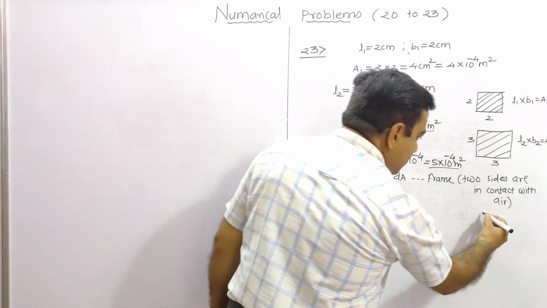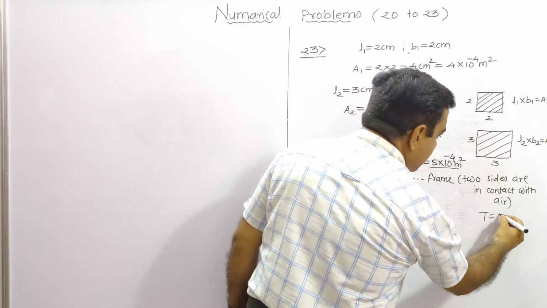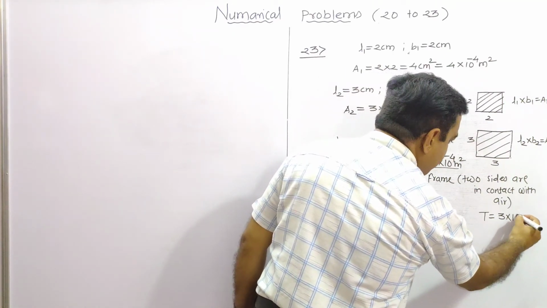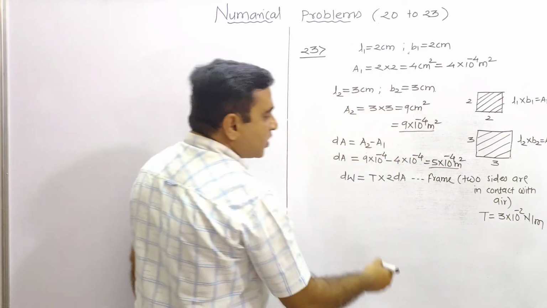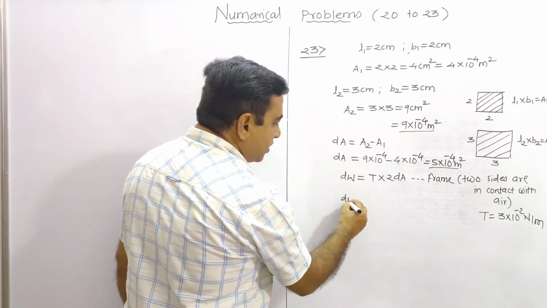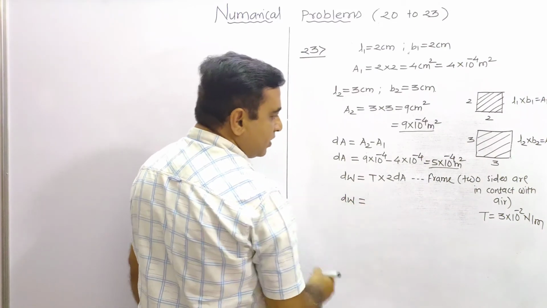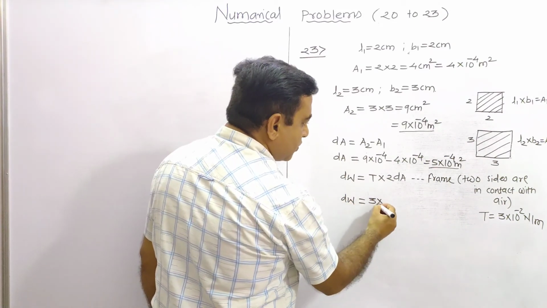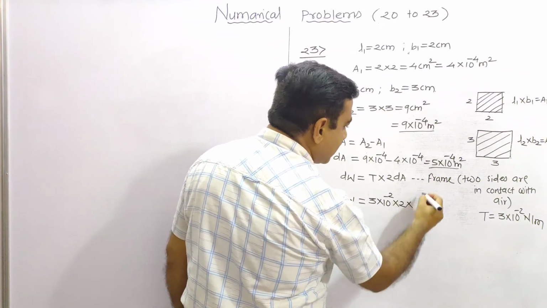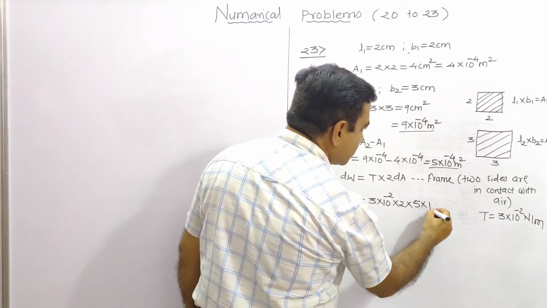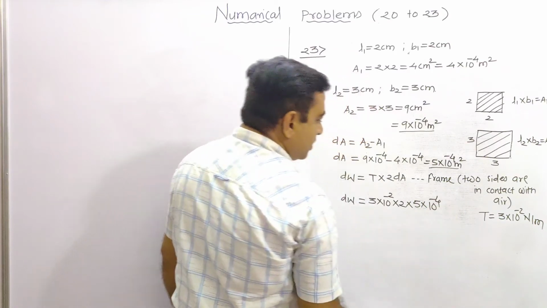Here the surface tension T is given. T is equal to 3 into 10 raised to power minus 2 Newton per meter. And we know that work done dW, after substituting that value, is 3 into 10 raised to power minus 2 into 2 into change in the area, that is 5 into 10 raised to power minus 4.